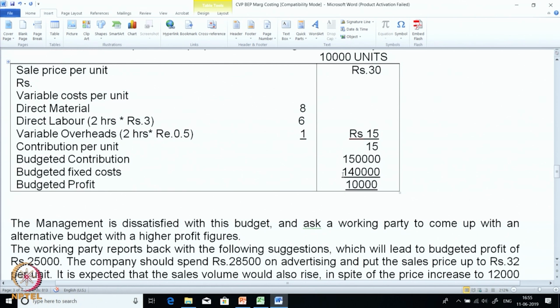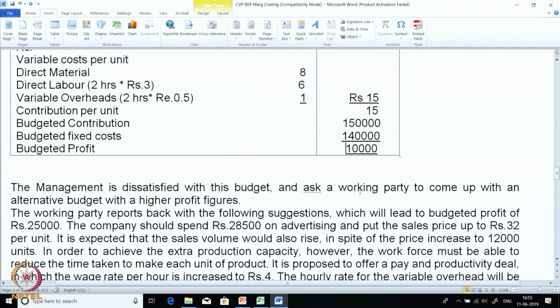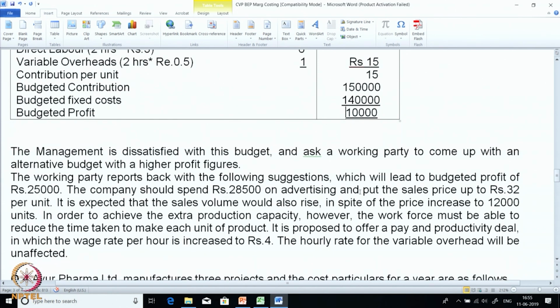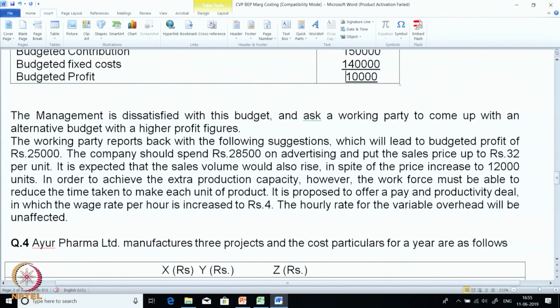Now, naturally management is not very happy with low profits. They want a more suitable tactic, a better strategy, a better way of doing business. So, they have asked a working party to come up with alternate budgets with higher profit figures. The working party reports back with the following suggestions, which will lead to a budgeted profit of 25,000.